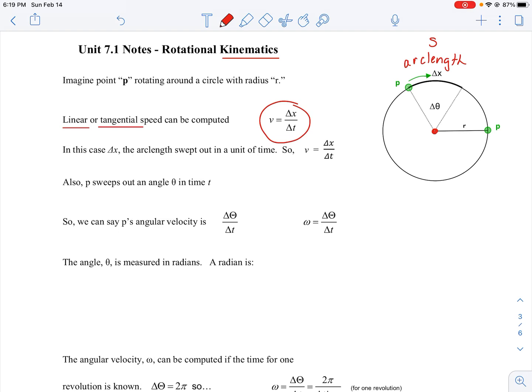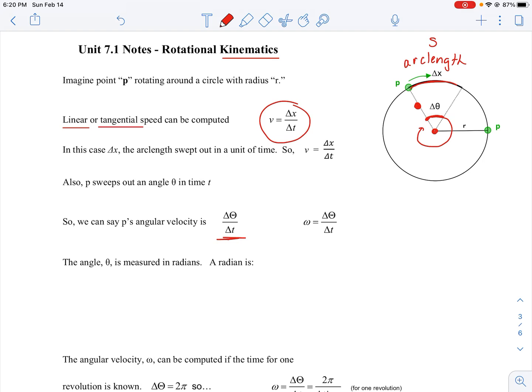Okay, so what we're interested in looking at is the relationship between this arc length and this angle, because we've also got this angle being swept out over time. In fact, if I were to have two points on the circle, both rotating but with different radii, they would have the same angular velocity.